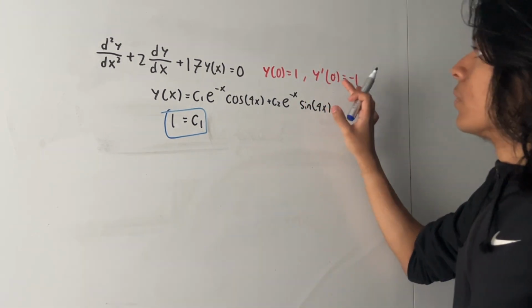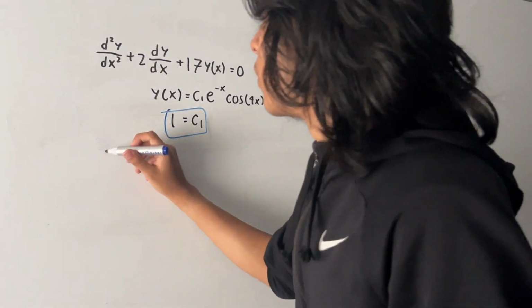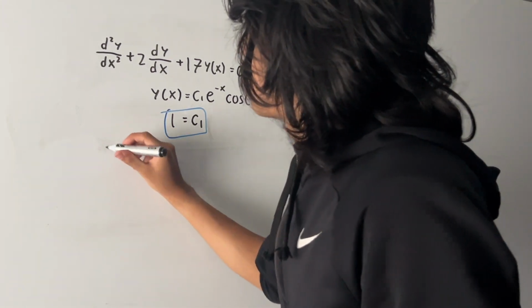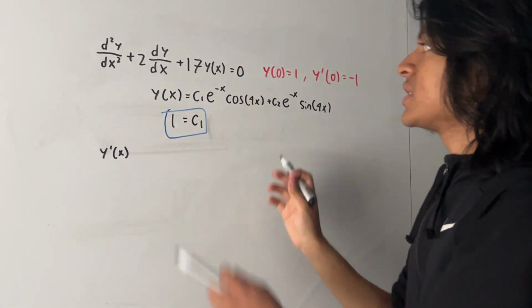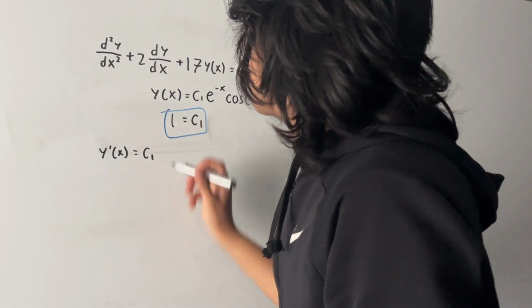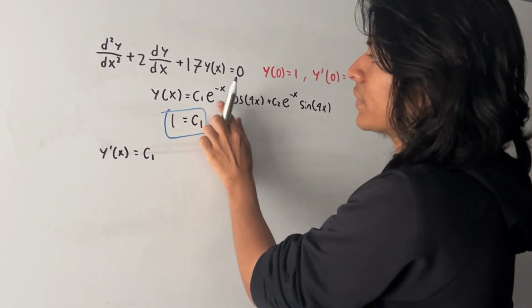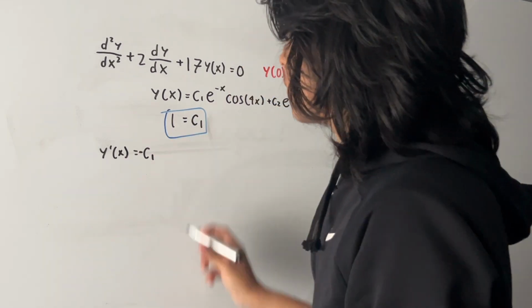So bam, we got that. Now we got to do the y prime of 0, so that way we can solve for c2. So our y prime of x, c1 is just a constant. Right here we got to do a product rule. So we get c1, I'm going to take the derivative of the e to the negative x first, so I'm going to put the negative on the front there.